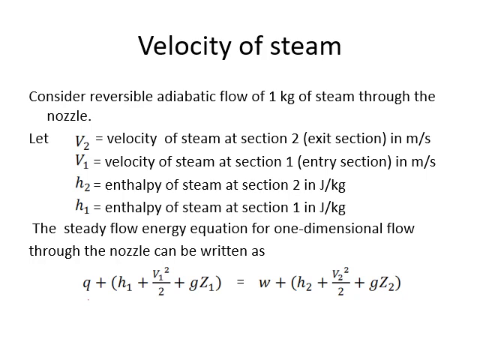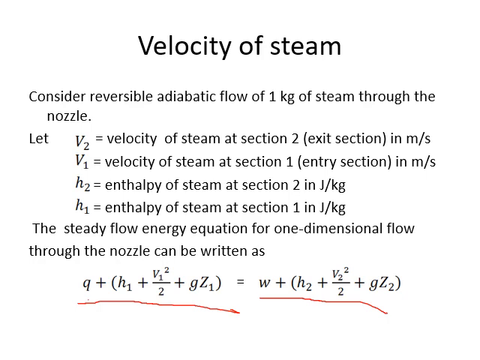The steady flow energy equation for one-dimensional flow can be written as Q plus H1 plus V1 square upon 2 plus gZ1 equal to W plus H2 plus V2 square upon 2 plus gZ2.